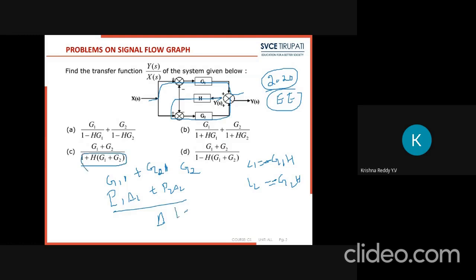Delta value is 1 minus summation of individual loop gains. It is 1 plus G1 H plus G2 H. When you are simplifying, we are getting the output as G1 plus G2 divided by 1 plus H into G1 plus G2. This question was asked in GATE 2020 for 2 marks. The number of forward paths is 2. Number of loops is 2. P1 delta 1 plus P2 delta 2 divided by delta. By using this Mason's gain formula, we can calculate the transfer function.